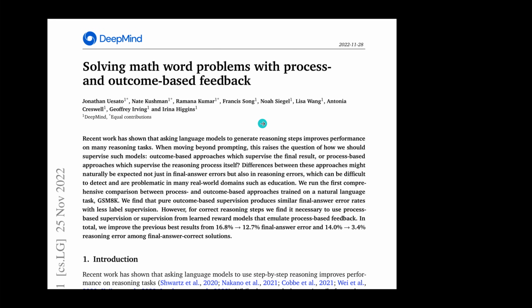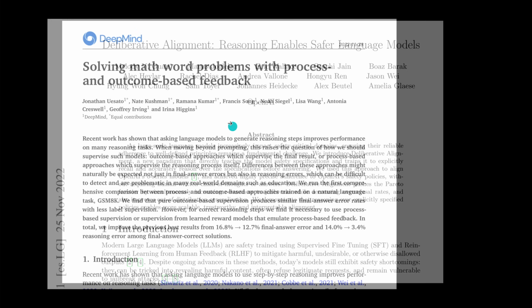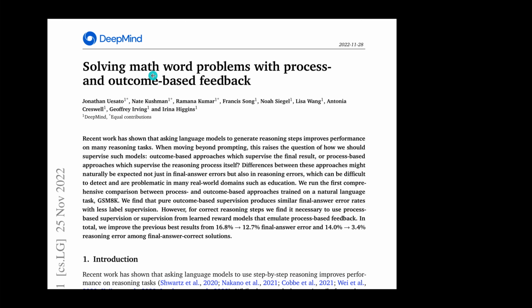I told you that it is not that easy to read the paper, because if you start to read this paper, you are immediately referenced to solving mathematical problems with the process and the outcome-based feedback. And this is an interesting theoretical problem that already was handled by Google DeepMind in November 2022, because they were asking themselves, hey, should we optimize the model on the process supervision?